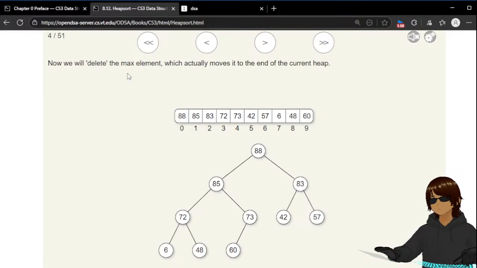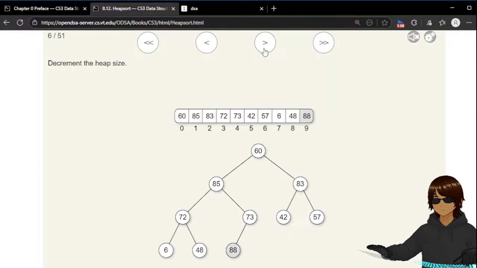Now we will delete the max element, which actually moves to the end of the current heap. Max element, so 88 and 60, they swap. Oh, so first and last swap position, and then the last gets deleted. Decrement, reheapify. Now ready to process.